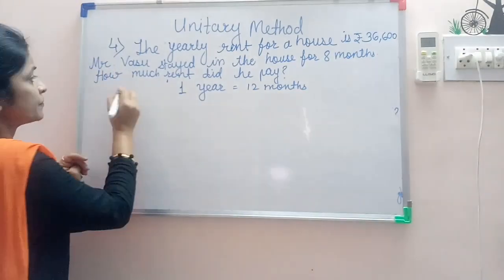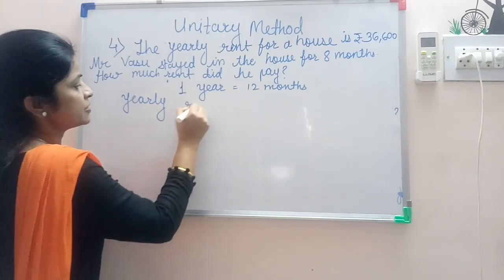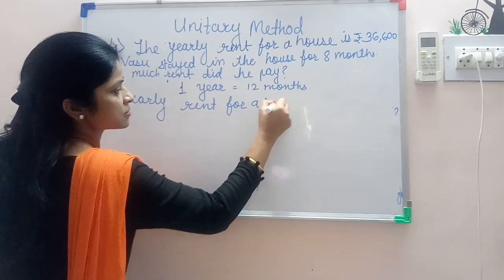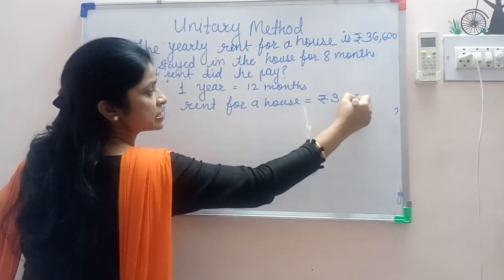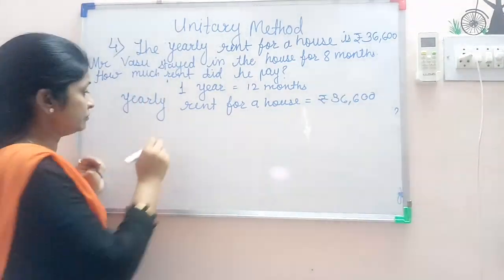So we will write: yearly rent for a house is equal to rupees 36,600. Now we will find the rent for 1 month.